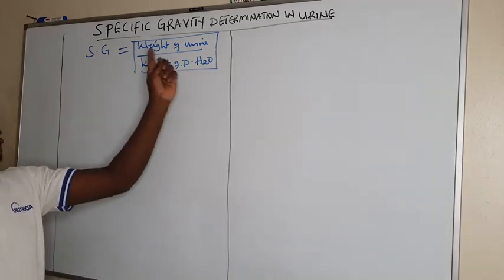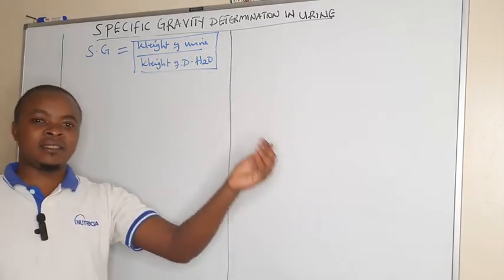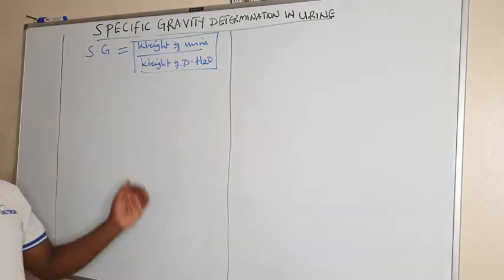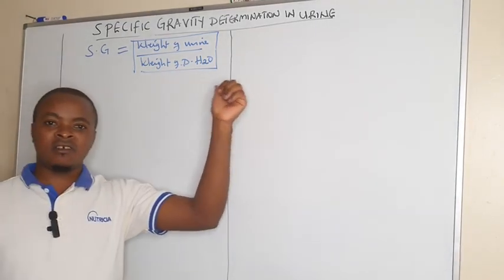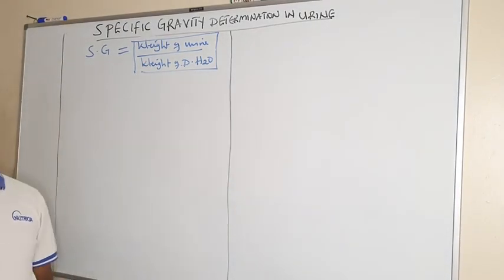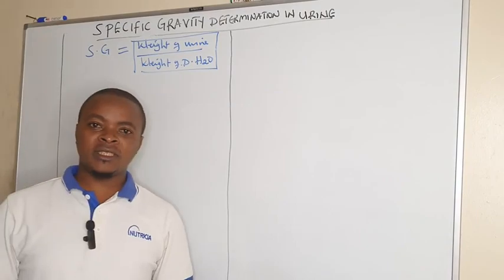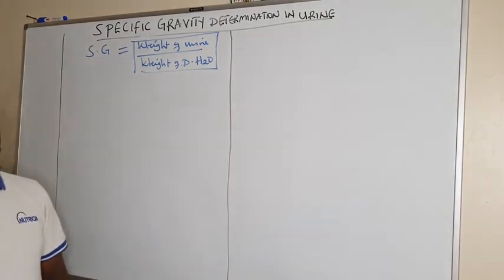And another name for specific gravity is density. So you can get the density of urine, you divide by the density of distilled water, and you are able to get specific gravity.